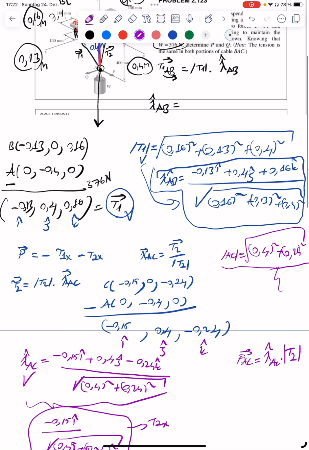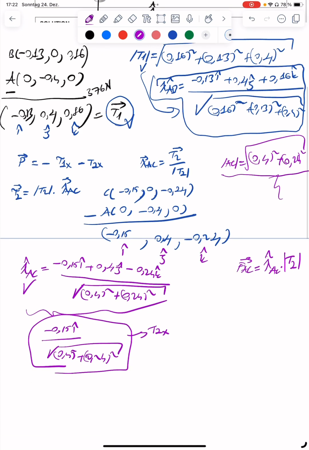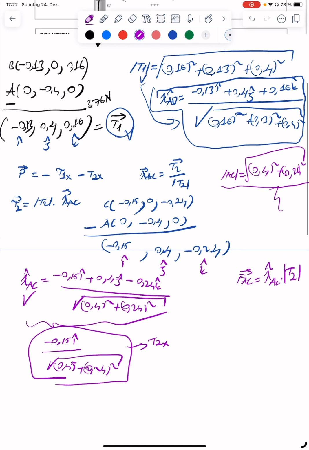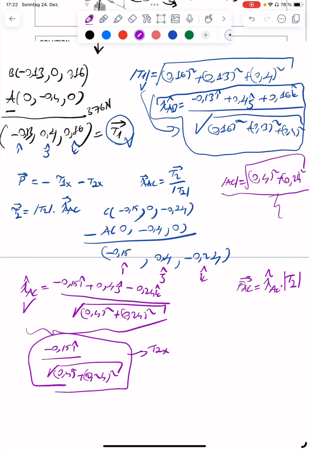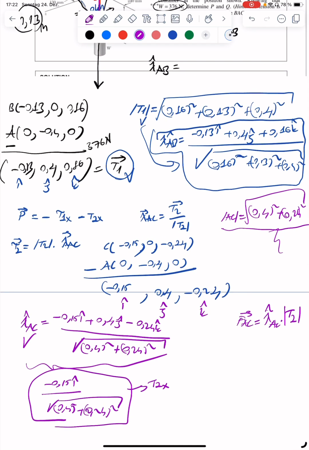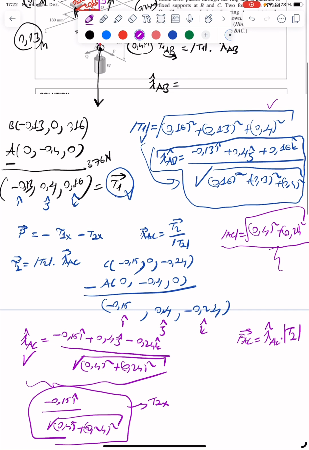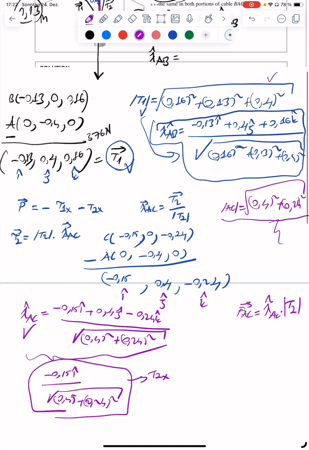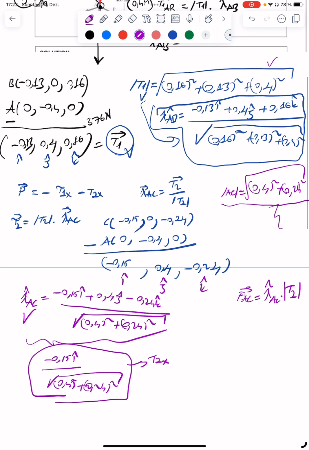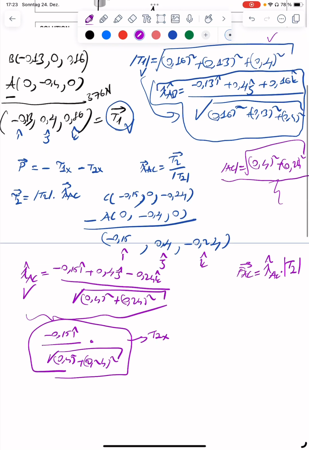Also, we found T1 here. We found T1's distance. Sorry, we must cross about the magnitude of T2.